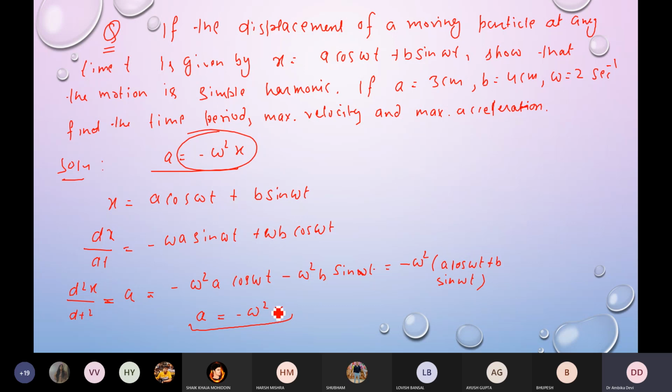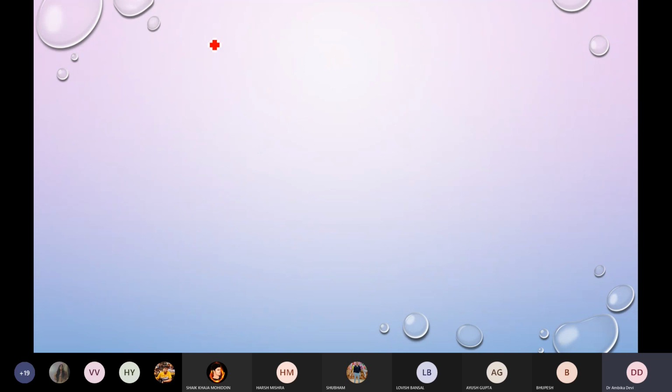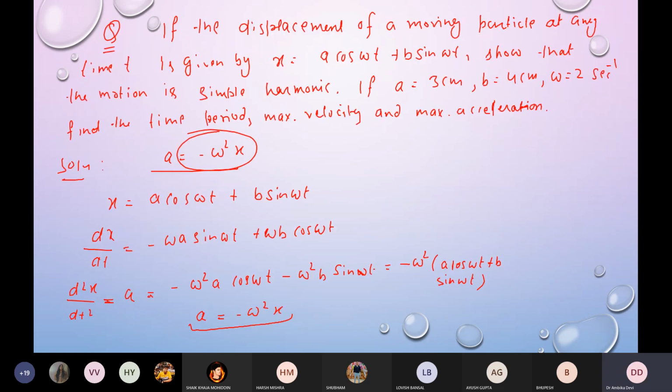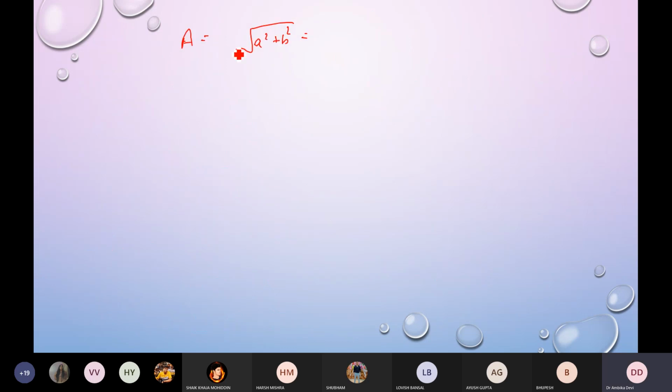Now in order to find the time period, velocity and acceleration, we require the amplitude, right? So amplitude can be found by using A is equal to the square root of small a square plus small b square. a and b are 3 and 4, so this becomes the square root of 3 square plus 4 square, which is equal to 5. Now time period is 2 pi by omega.